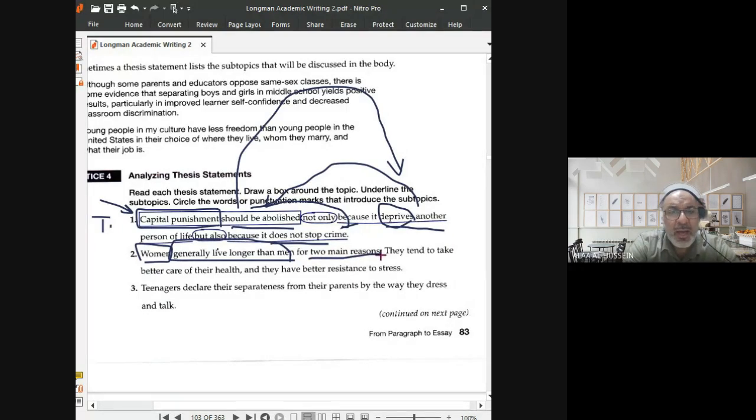This is the signaling phrase. بنقول for two main reasons. طبعا هنا نقدر نوقف، لكن الكاتب كل ما يوضح الايدياز مالته كل ما افضل له وافضل للقارئ. انا اقدر اقول women generally live longer than men واوقف. عندي idea، عندي opinion. هذا idea، اكو point of view I want to defend, I want to support in the body paragraphs. اقدر اوقف هنا.